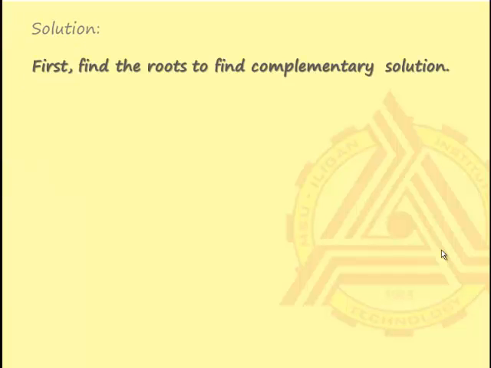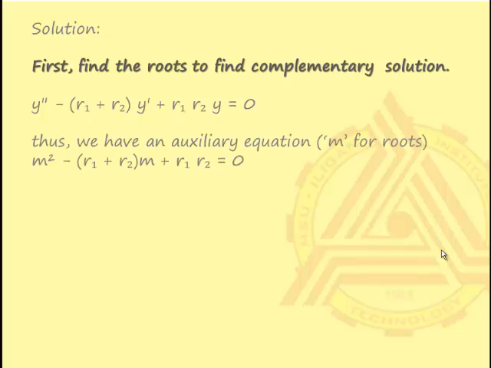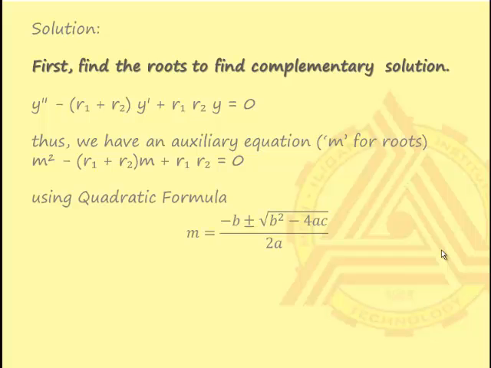Now the solution. First, you have to find the roots to find the complementary solution, and you have to set the equation into a homogeneous equation. Thus, we have an auxiliary equation, and we let m denote the roots: m squared minus quantity R1 plus R2 m plus R1 times R2 is equal to 0.